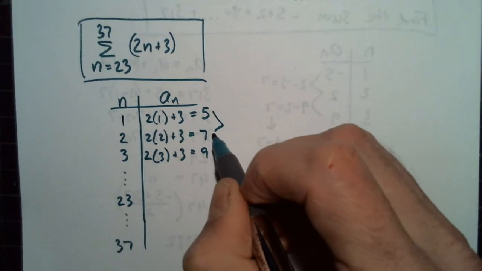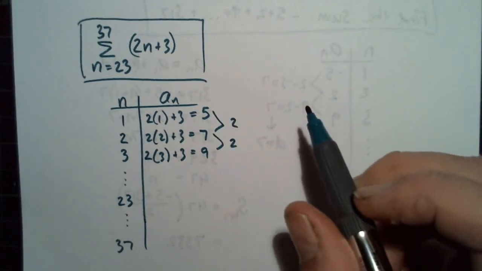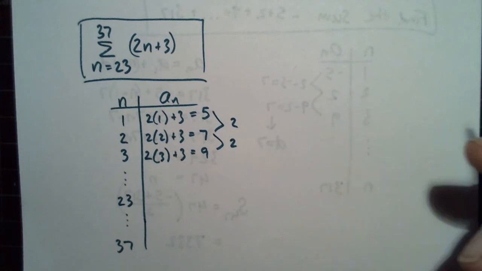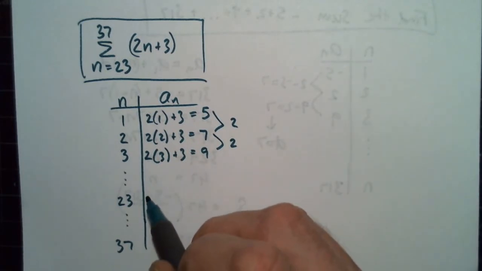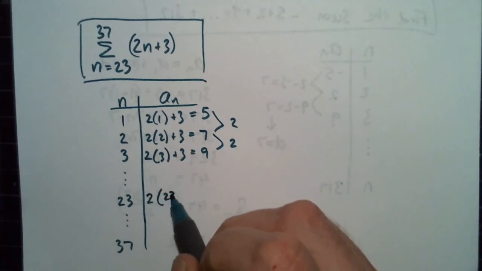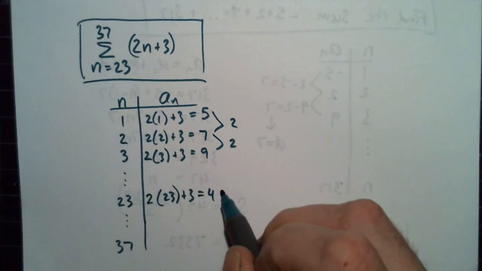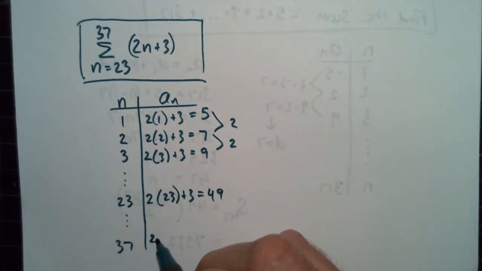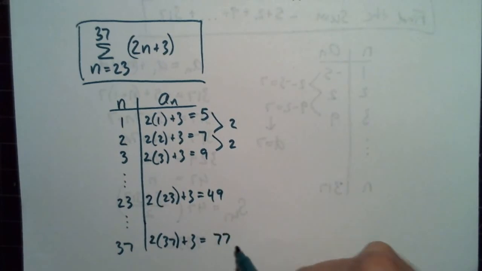And we can see the common difference is 2. Here we could do 2 times 23 plus 3. That'll be 49. And 2 times 37 plus 3, 77.